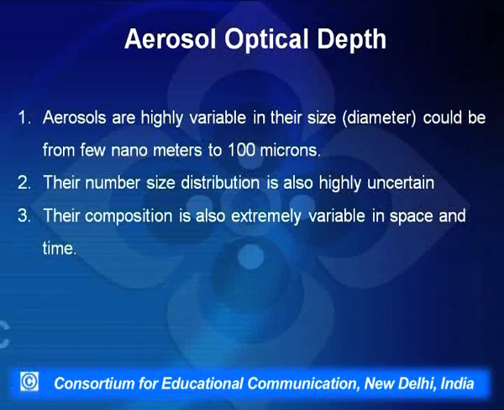It is not that a fixed diameter has a fixed number of particles. So, it is also highly uncertain as far as their size distribution is concerned. And the third one is their composition. Composition is also highly uncertain. It is extremely variable in space and time.